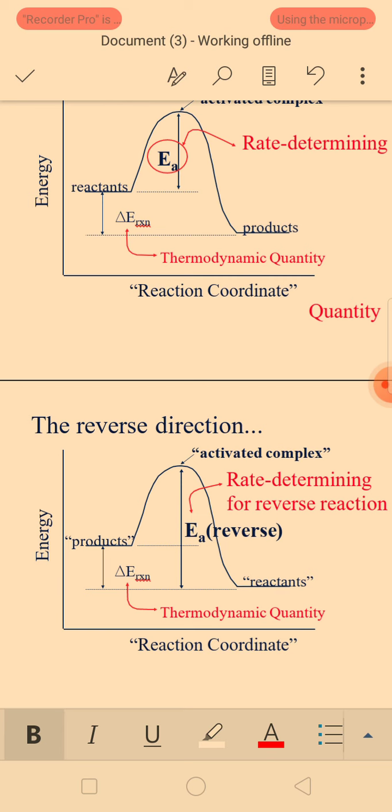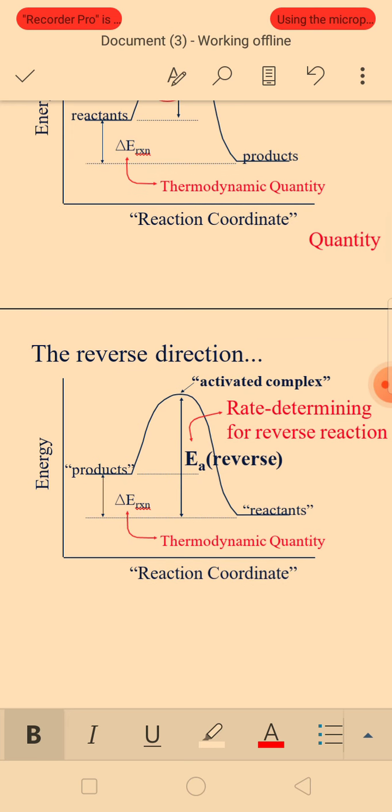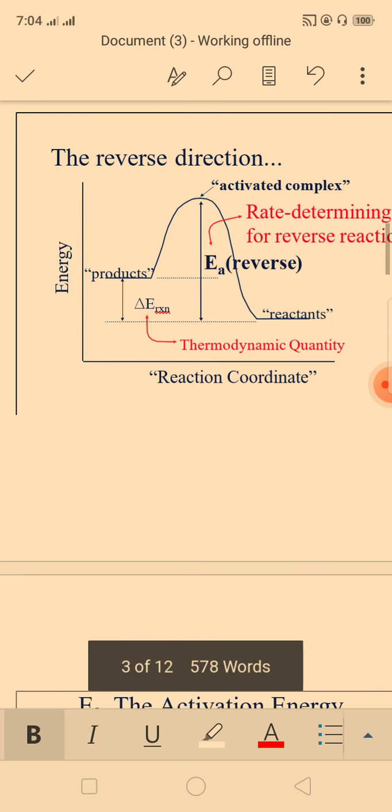So, in general, for a spontaneous or exothermic reaction, the reactant again changing to the product is almost impossible. They have a high activation energy barrier that is difficult to overcome.